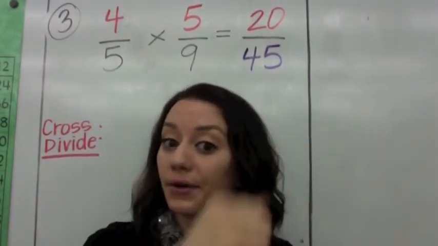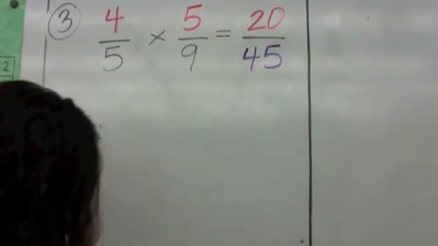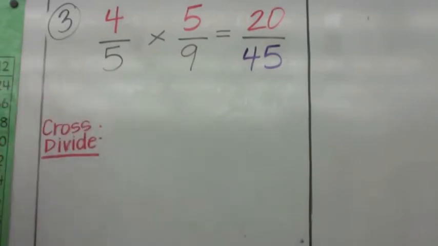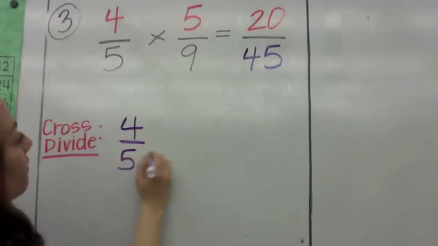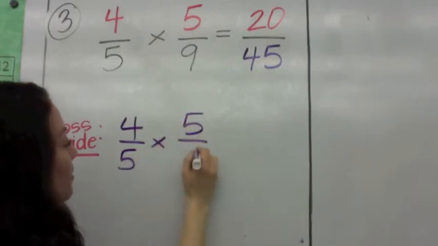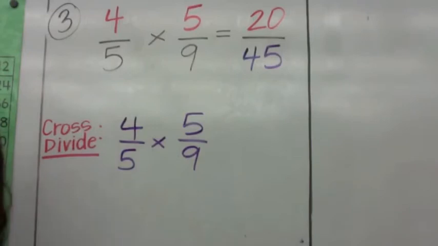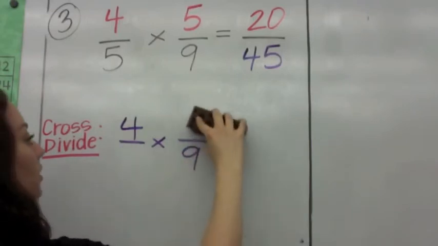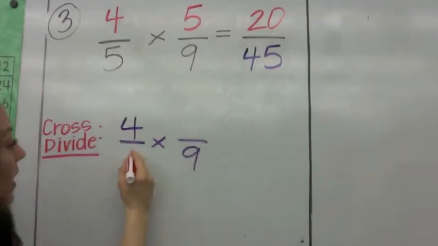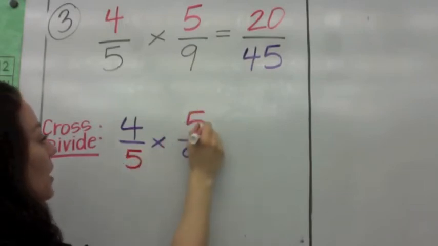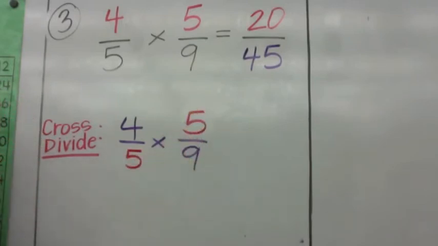And how do you cross divide, Ms. Coe? Well, you rewrite the fractions as 4/5 times 5/9. When you look across, I'm going to change the color so you can see which numbers are going to cross divide. It ends up being the number 5.